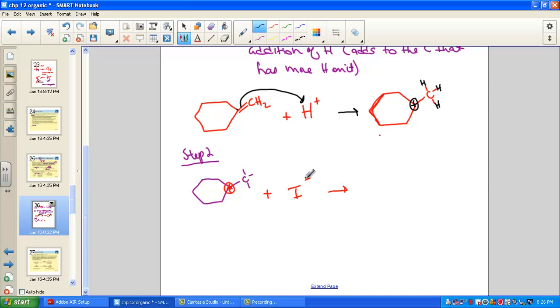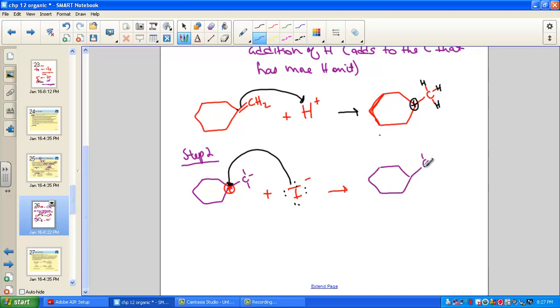Remember, the arrows will transfer from negative to positive, from negative to positive. So now I take the arrow, and remember this iodide has all kinds of dots around it, kind of help us see that this is the site. Follow the electrons. This is now going to attach to the positive side here. And what's the remaining compound? Well, we have our 6-sided ring.